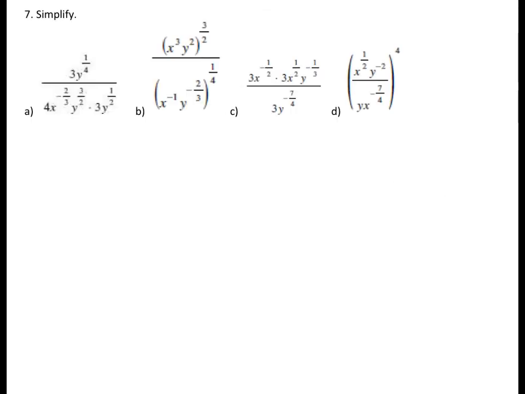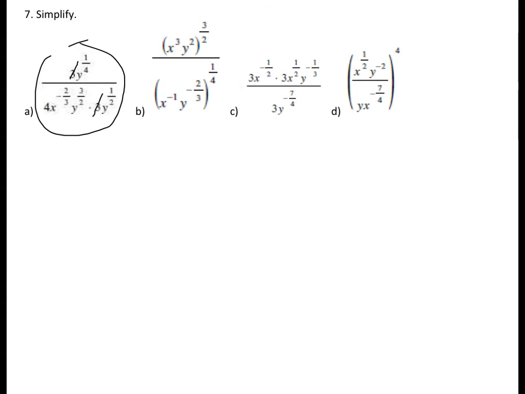The next one is to simplify these rational fractions based on different variables, x and y. So we start with a, which is given here. I'm going to just cancel out 3 here.